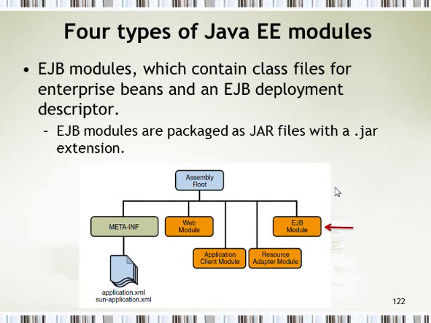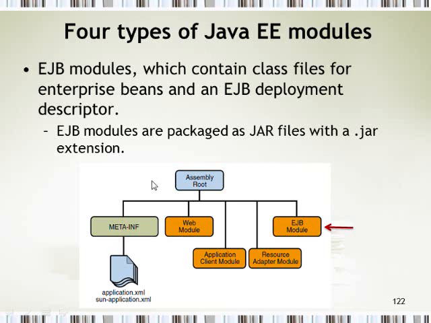So let's look at this EJB module. It contains all the class files. Java EJB class files will be there inside it. Apart from that, there will be a deployment descriptor. Now these modules are there. You can have separate descriptors, or you can have one descriptor for all of them. That is flexible enough. These are packaged as a jar file.